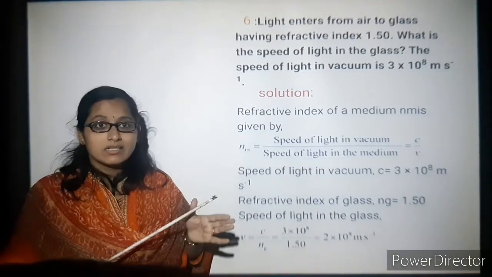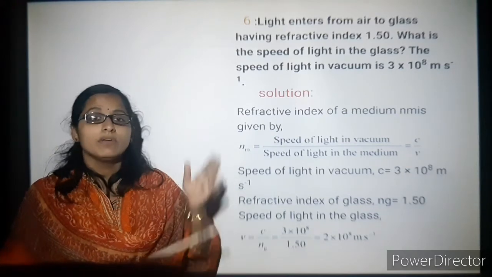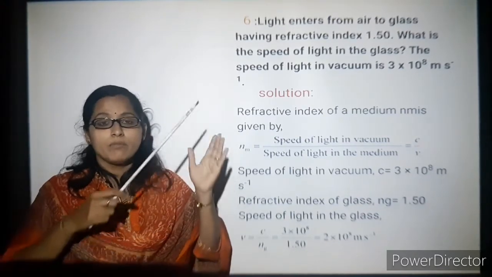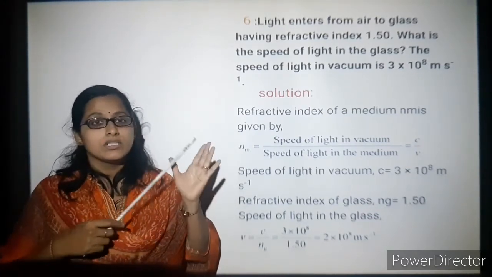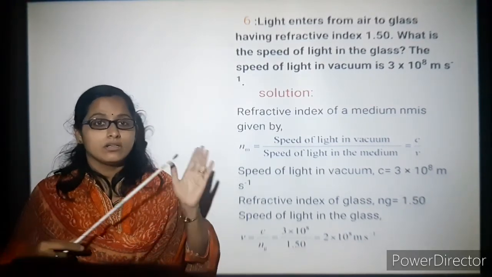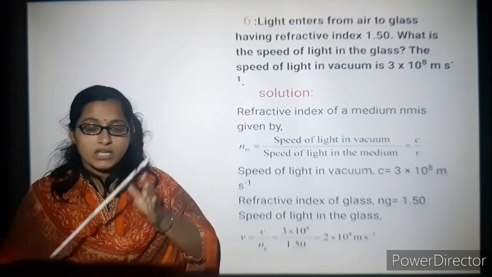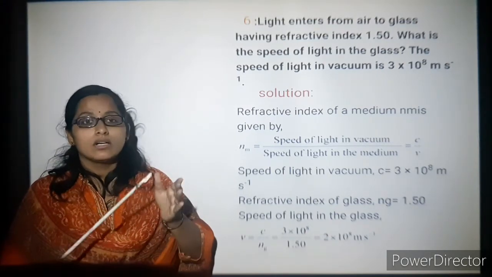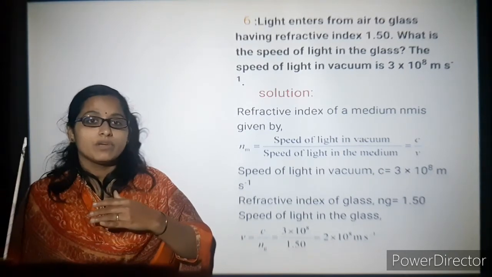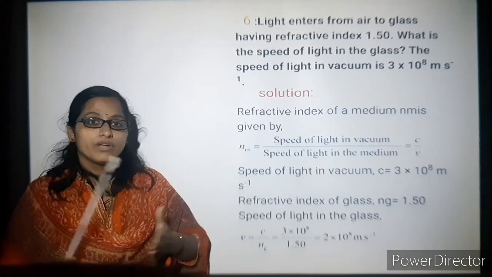So you have a glass slab and you have the bending of light rays going through the glass slab. The medium is changing here from air to solid. Once it hits the glass slab, the speed slows down, and once it passes through the glass slab and comes again to the air medium, there is a deviation and again the rays go out.